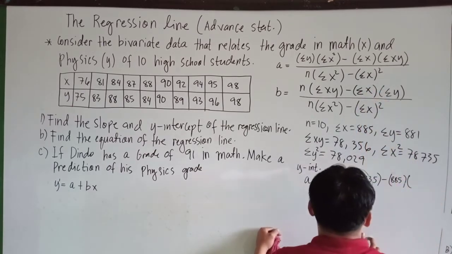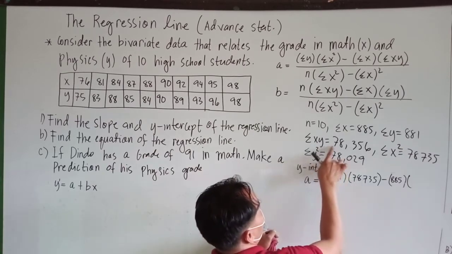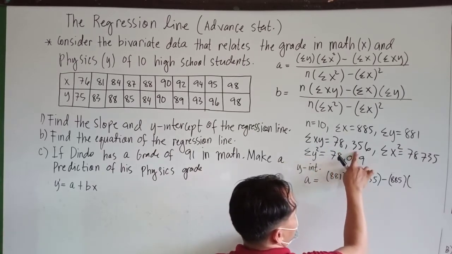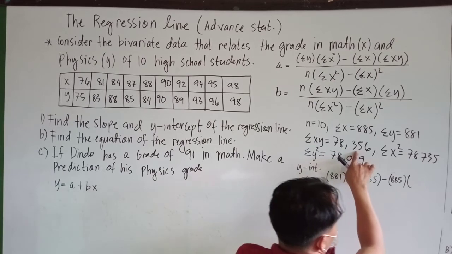The summation of xy, the product, is 78,356.